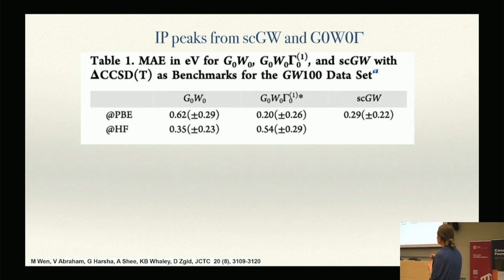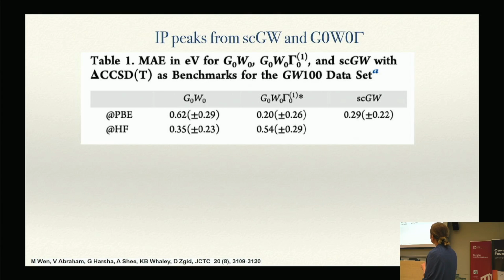And you can see this here. This is G0W0 and the mean average error. You add vertex on top of PBE, great; on top of Hartree-Fock, terrible. So clearly, one can of course manipulate this reference, but this is not what theorists would want to do.